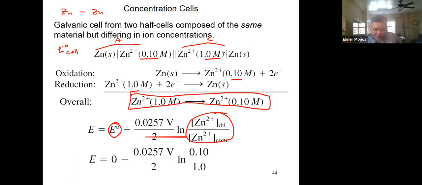If the concentrations are the same, you don't have any battery. You have a 0 potential system. But because of the difference in concentration that you have here, what's the value that you get?